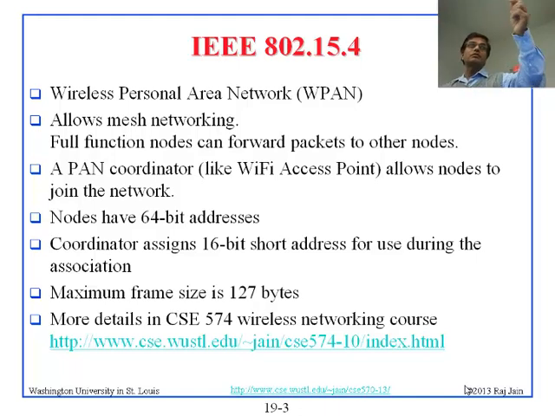So I send it to you, and we are all routers. Not all, some people are routers. Some people act as a router, and then they also act as their own end systems. They are called full function devices. Full function devices can forward the packet to other nodes. So we don't have to have a direct connection, just like in IP. This is data link, okay? But in the data link, they have mesh networking.